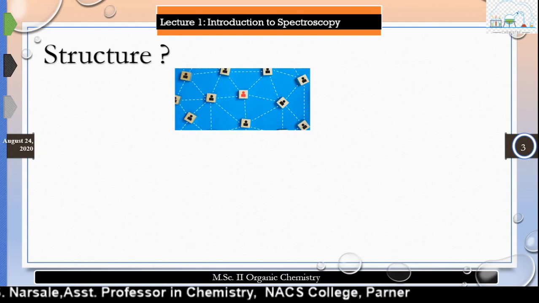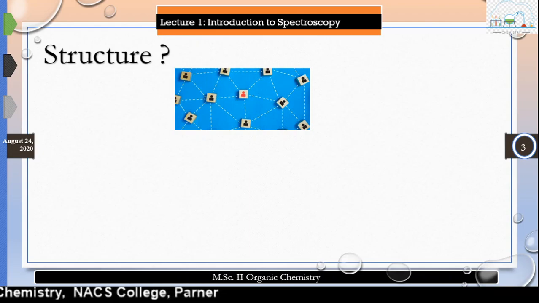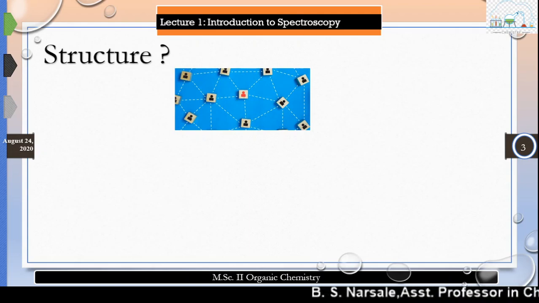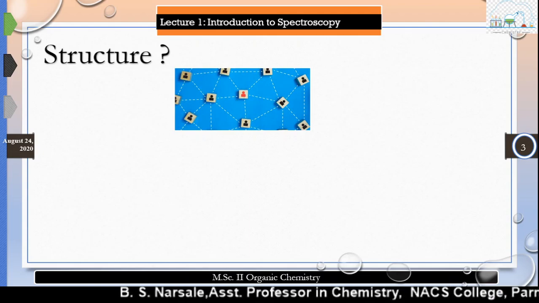And structure determination is the most important thing discussed under a chemistry subject, and the name of that subject in short we call spectroscopy.